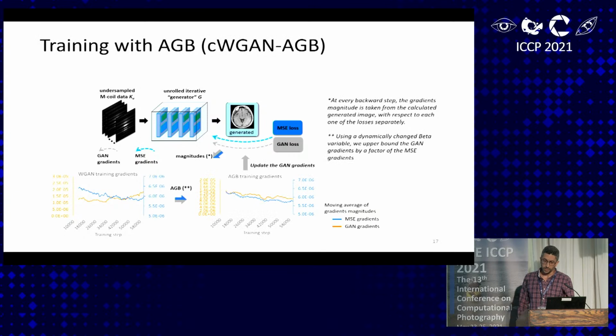The AGB training can overcome or mitigate those image artifacts. In AGB, we carefully decay the GAN loss during training to ensure that it is bounded by a factor of the pixel-wise loss. As can be seen, instead of increasing or oscillating, the GAN gradients are now bounded to the pixel-wise gradients.